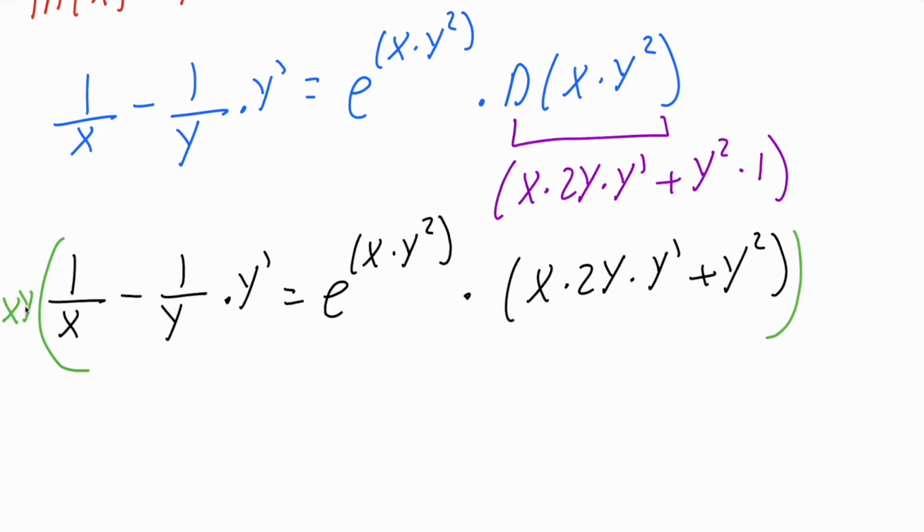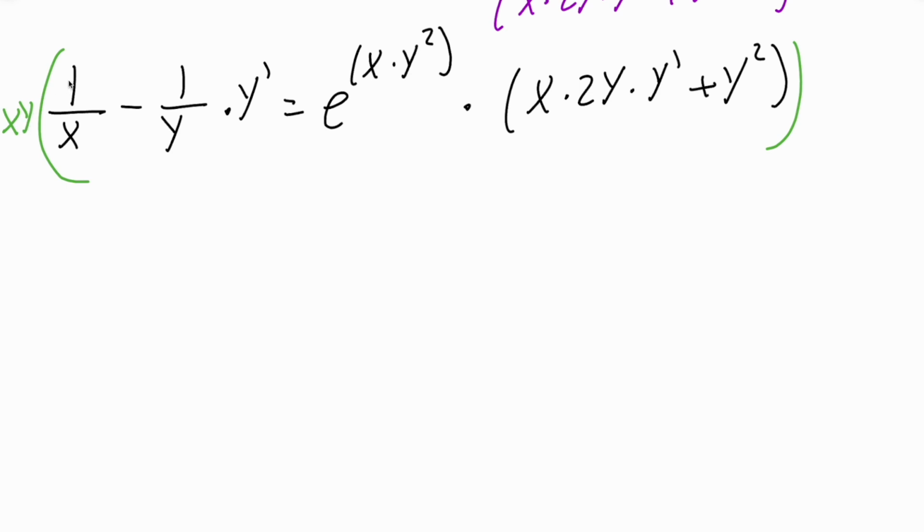So xy times 1 over x, we're just going to get a y. And same idea here, the y's are going to cancel out, and you're just going to get an x. So minus x times y prime is equal to xy times e raised to x times y squared, close it, times just this piece.